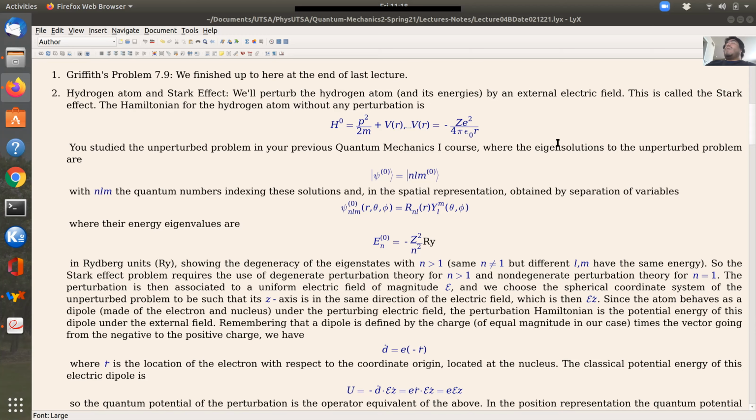But, well, at that point, when you don't have a perturbation, you are free to choose the z axis that you want, which is basically related to the polar angle, right?